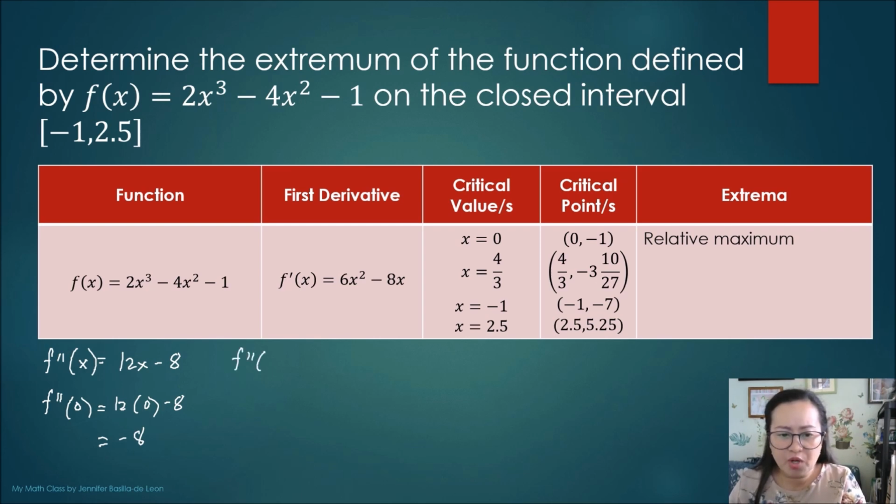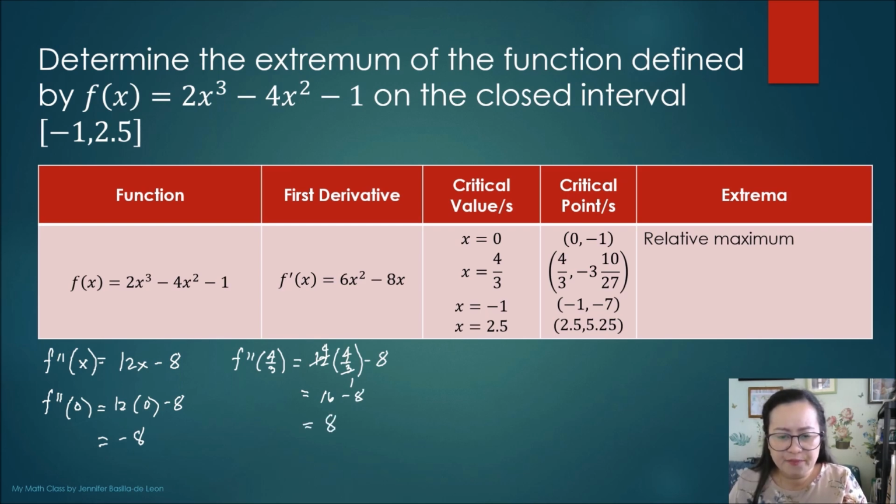Evaluating f double prime of x at x equals 4/3, we will have 12 times 4/3 minus 8. Then we can cancel 12 and 3, so this will be 4, and this is 1. 4 times 4 is 16 minus 8. Therefore, we will have 8.